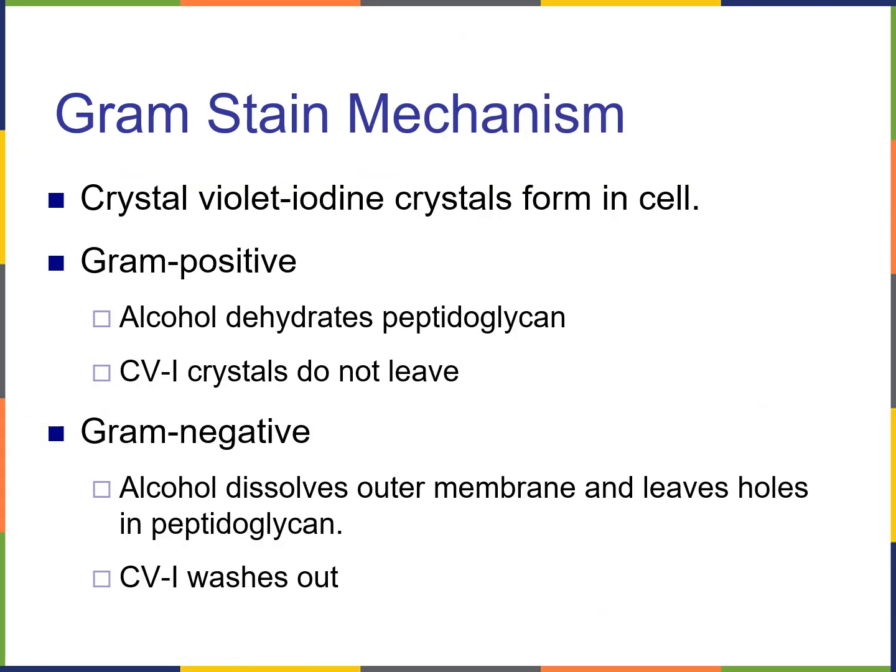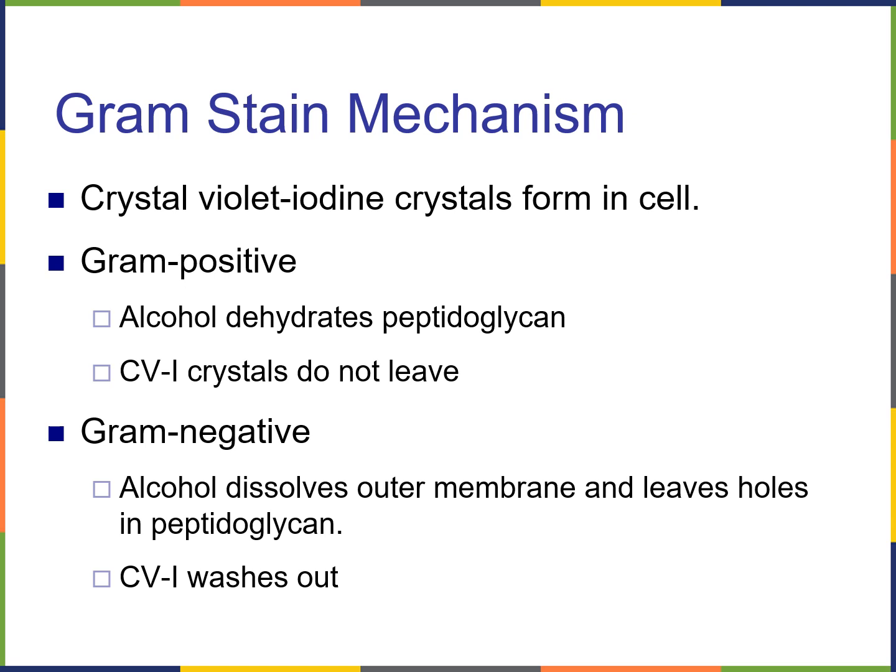So now that we've talked about the cell wall, the peptidoglycan, and the different components that make up the cell wall, let's revisit the gram stain and talk more in depth about how it actually works, so that gram-positive cells are purple and gram-negative cells are that reddish pink color. If you remember, in the beginning you use crystal violet to stain.